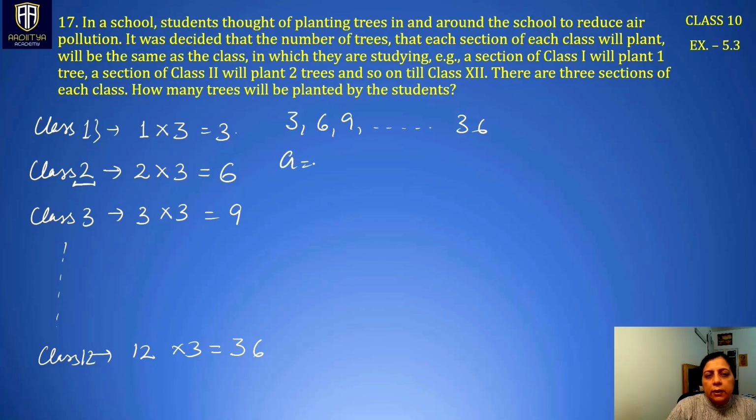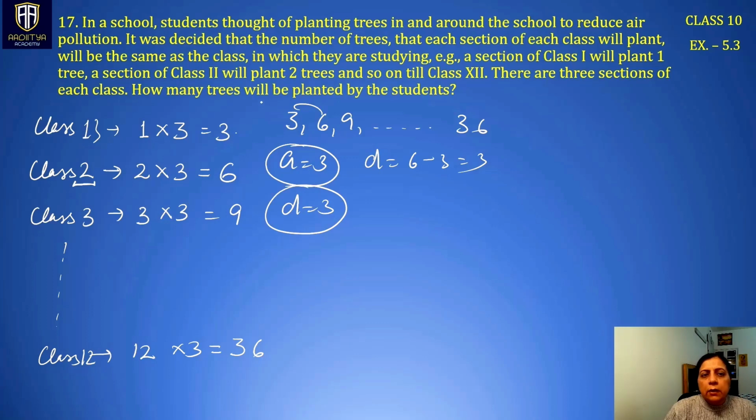Here A is 3, D is also 6 minus 3, and 9 minus 6 is 3. D is also 3. And since we are starting with class 1 till class 12, n becomes 12. Right? So A, D and N are known to us. We have to find the total number of trees.